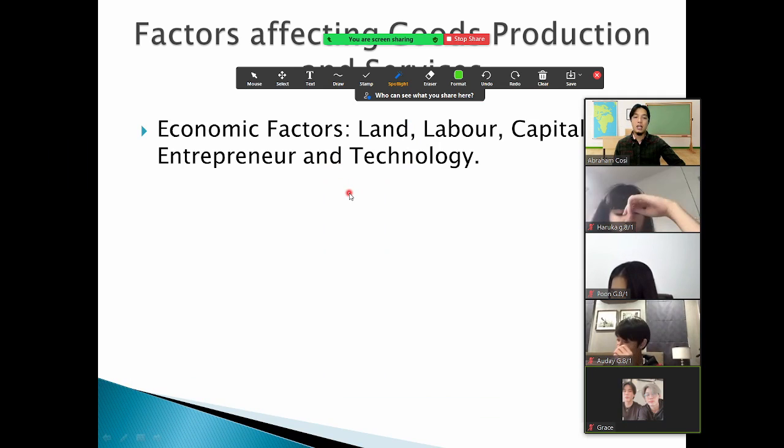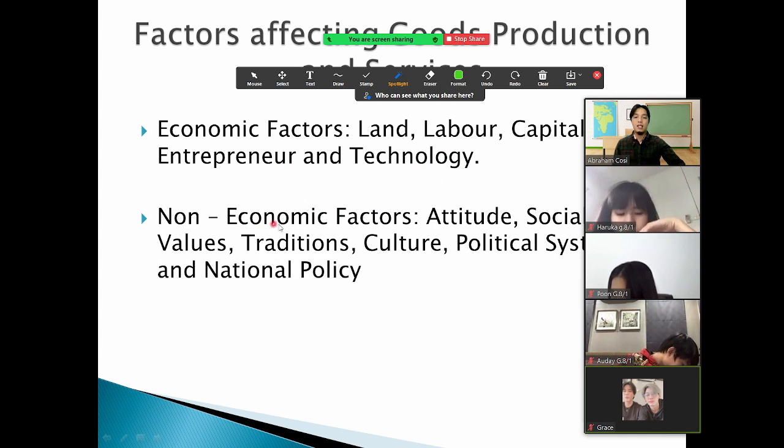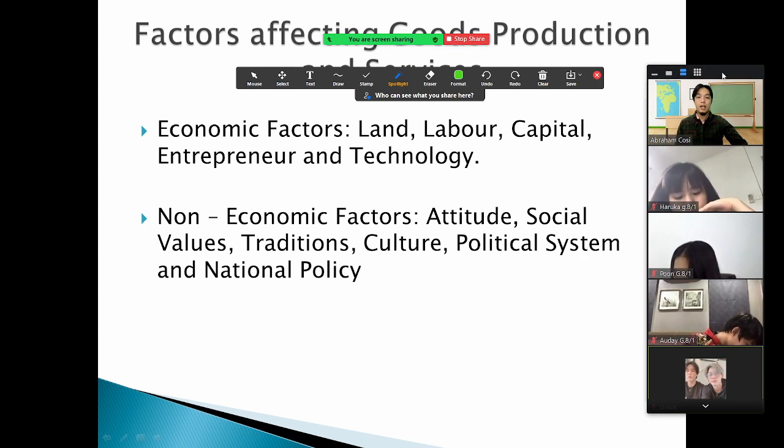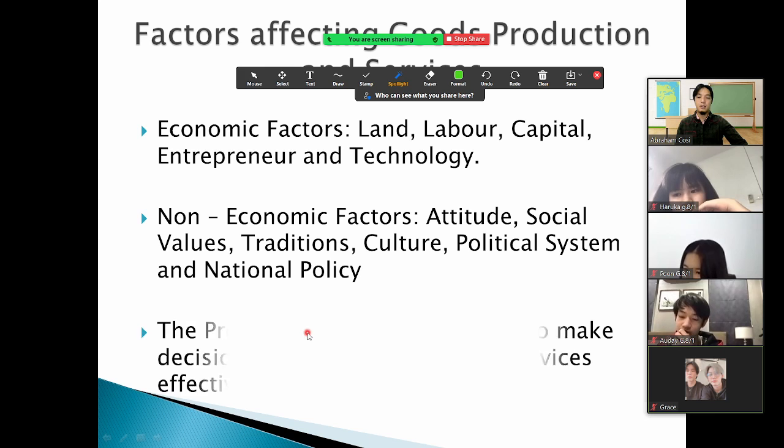We have the economic factors: land, labor, capital, entrepreneur, and we can add technology. We also have non-economic factors such as the attitude of, let's say, the laborers, the attitude of the entrepreneur, social values, tradition, social values of the people involved, and so on. Economic and non-economic factors.